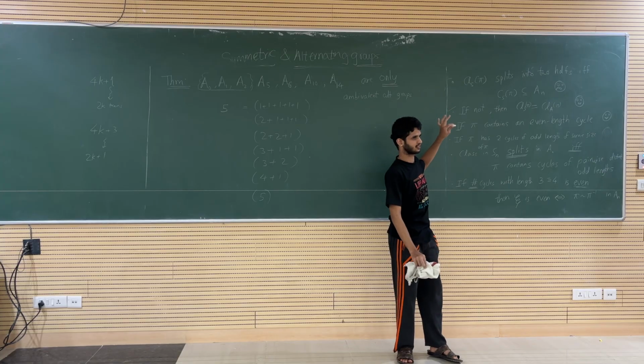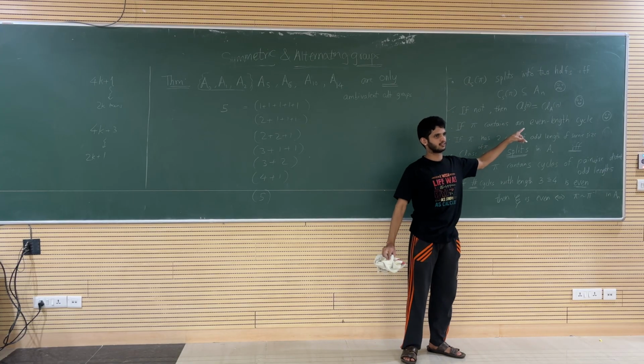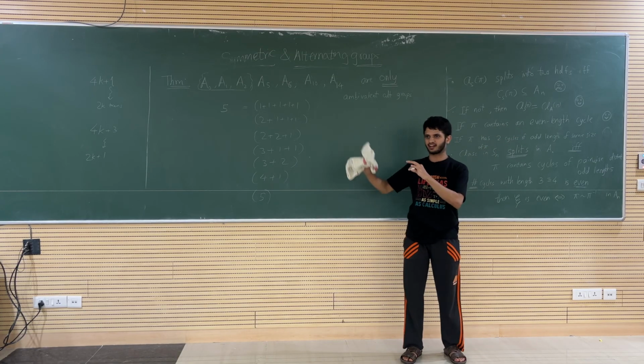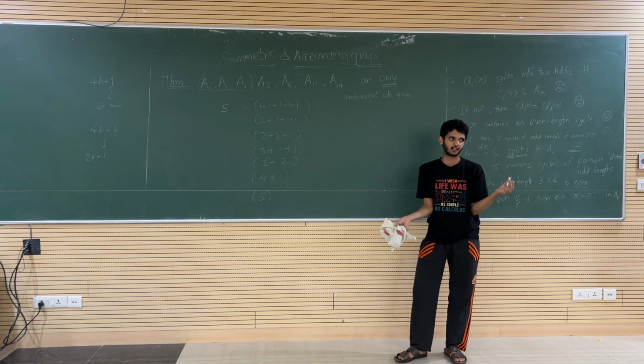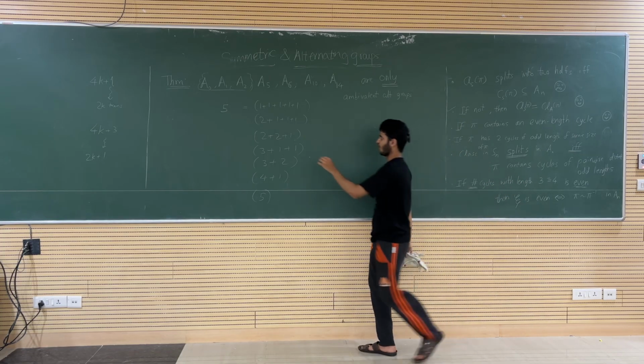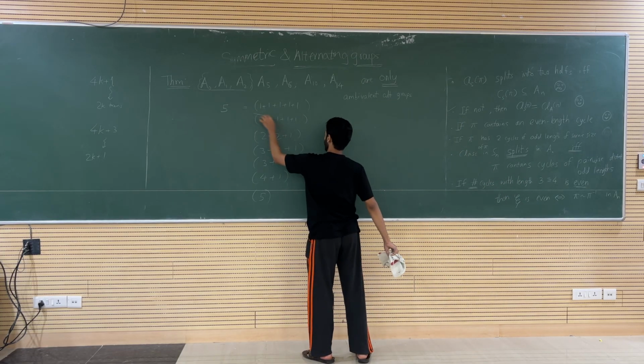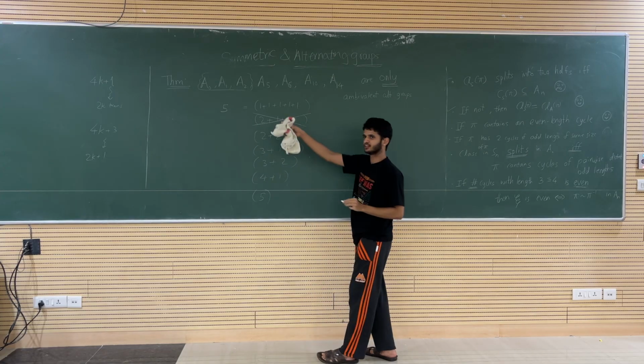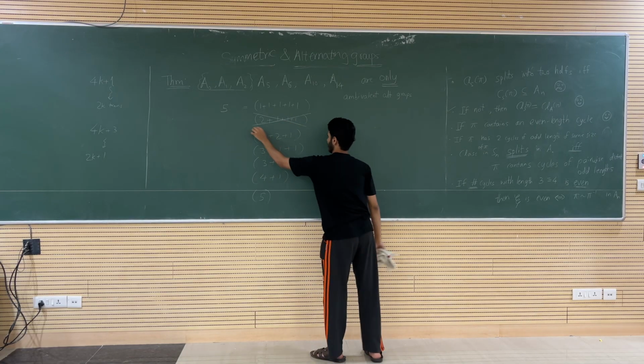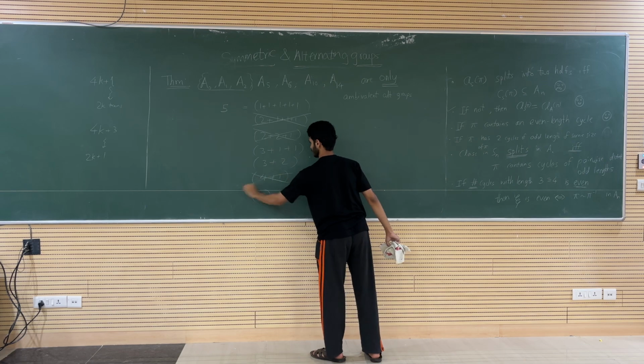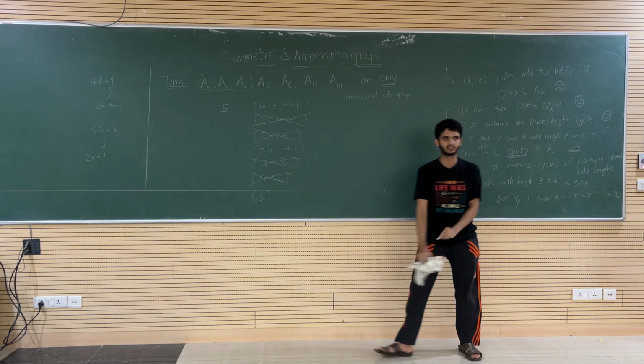That's why I didn't erase this. If it has even cycle, I need not worry about it because it doesn't harm me. Ambivalence is preserved. So all the elements which have even length cycle, I can just kill. I need not worry about them.